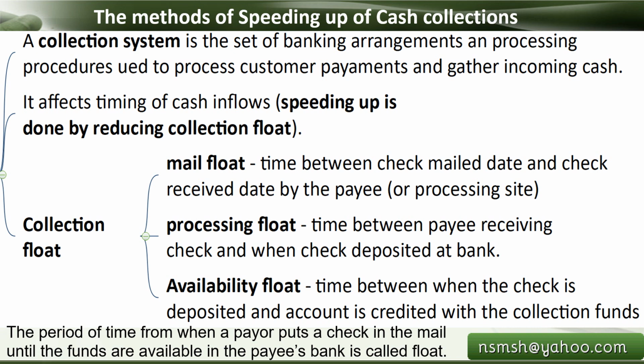That means the customer puts the check in the mail, and from that day onward till the actual cash is credited to the company's account. So that is the entire collection float. It has three parts: mail float, processing float, and availability float.